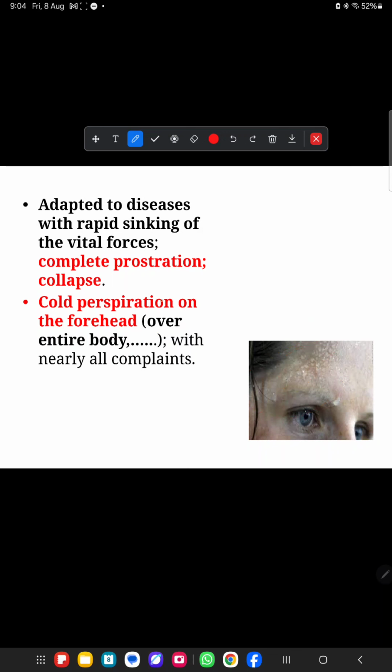But this point I want to correlate. If there is a coldness, we can correlate: one hand icy, other warm. What can be the medicine?